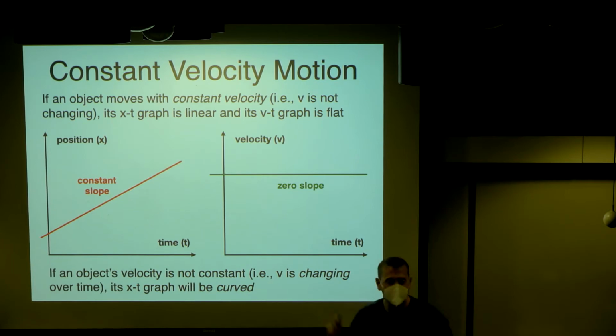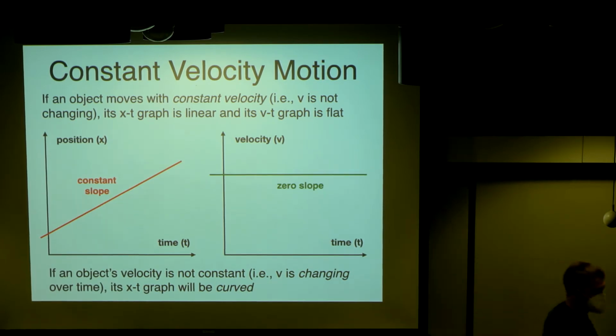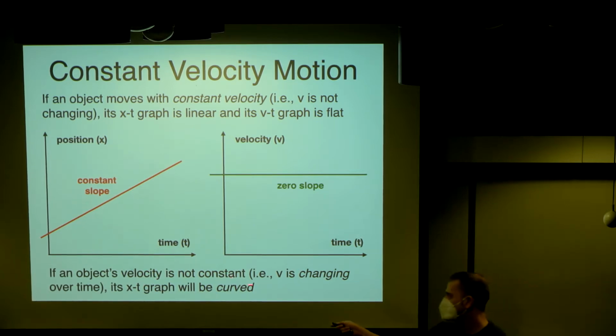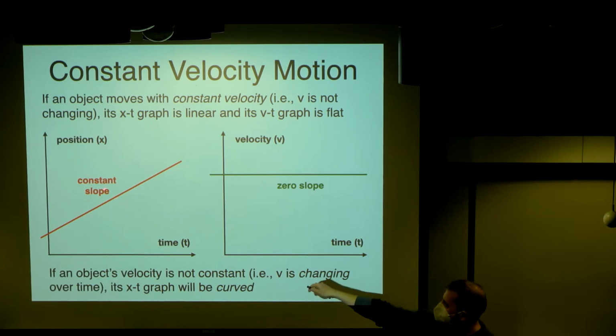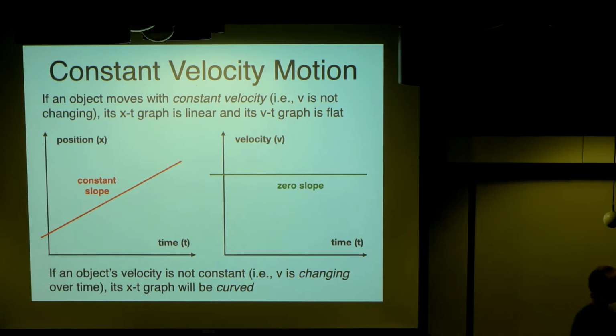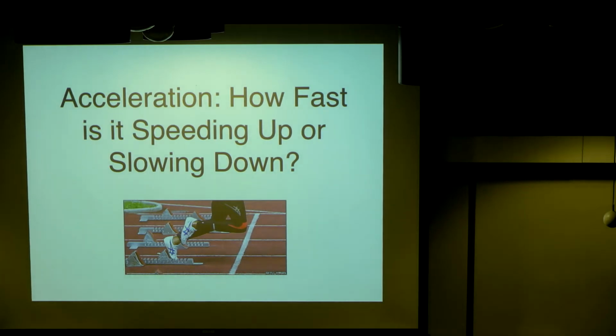It's just a line with a constant slope. That's what it would look like. But what we're going to see is, if we allow the velocity to change over time, i.e. it's not constant, then on this graph, x versus t, we're going to see some kind of curvature, rather than just a straight line with a constant slope. Okay? So that's what we'll get into next.